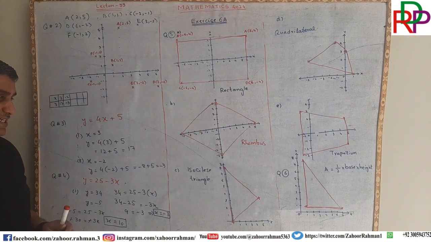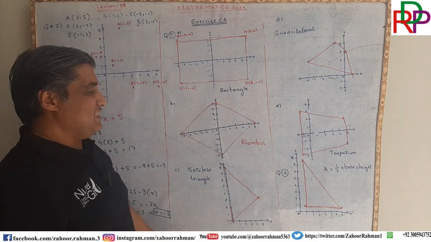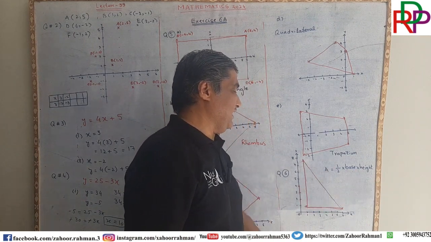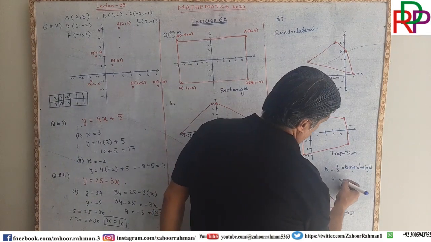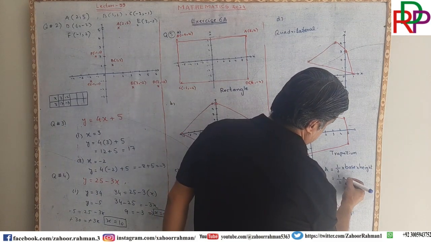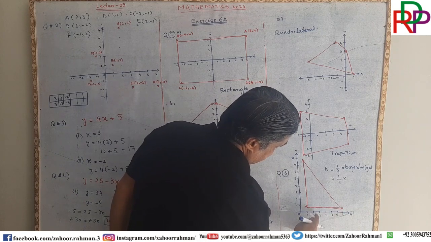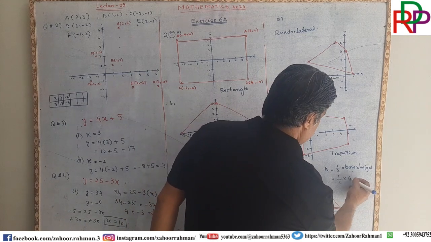You must memorize these formulas. So in this case, A is equal to 1 over 2 into base into height. Now we have to write 1 over 2 as it is. How many points are base? From here till here 1, 2, 3, 4, 5, 6 units.